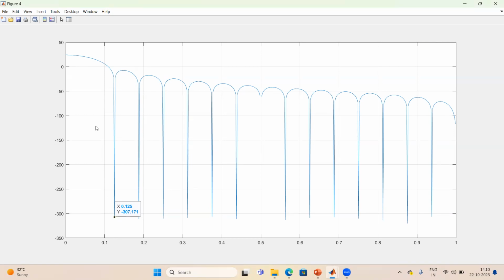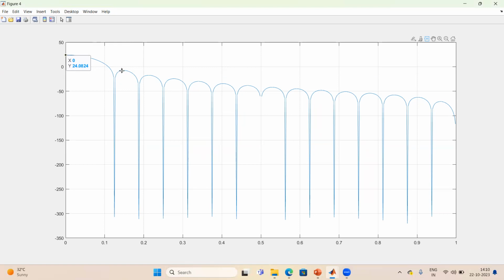One more thing that we have to observe is the side lobe amplitude. When omega is equal to 0, you can observe its magnitude. This magnitude is 24 dB right now. And this is our first side lobe.